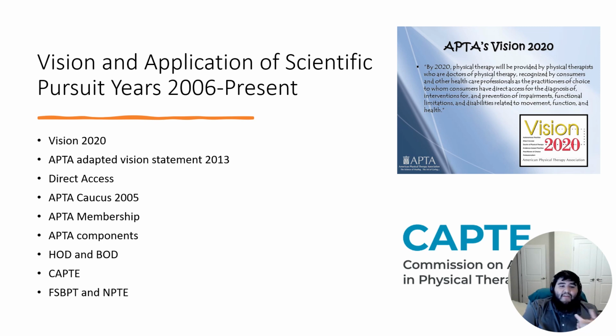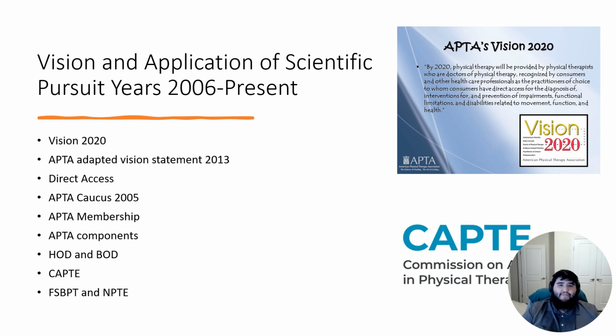CAPTE, the Commission on Accreditation in Physical Therapy Education, basically grants the specialized accrediting status for the PTA programs. They're in charge of the programs that we try to apply for.